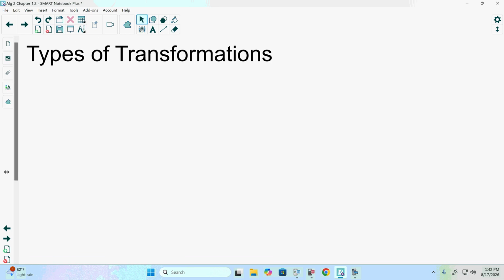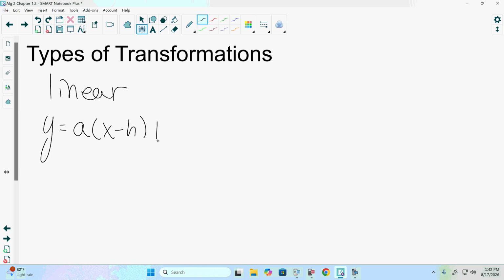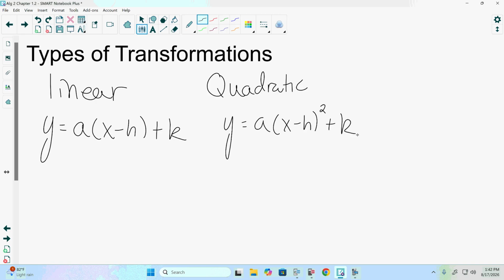Now, types of transformations, might as well look at the general form. This is the general form for each one.